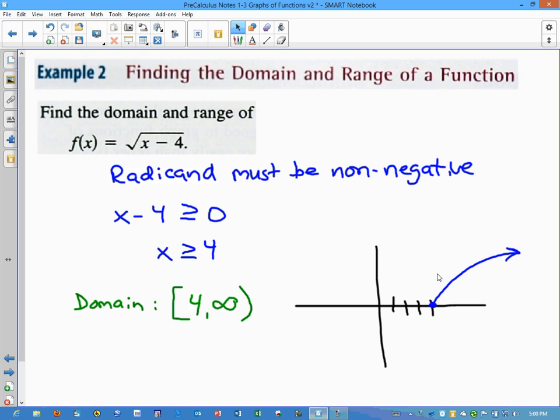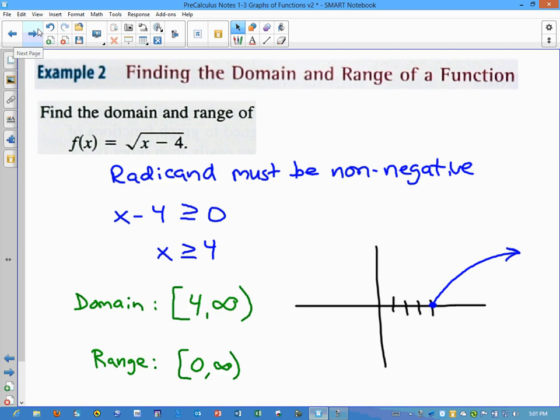And then from 0, the graph will go up forever as we go to the right. So our range is going to be from 0 to infinity, again, including the 0, because that point (4, 0) does exist on the graph itself. Remember, 4 is the x value, and 0 is the y value of that first point. All right, so that would be the domain and the range.